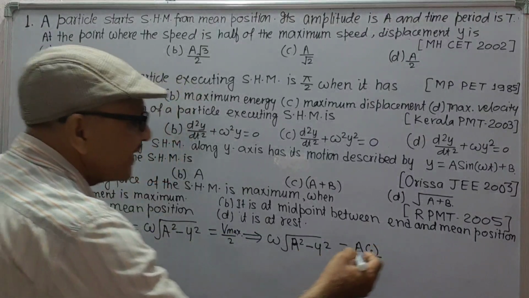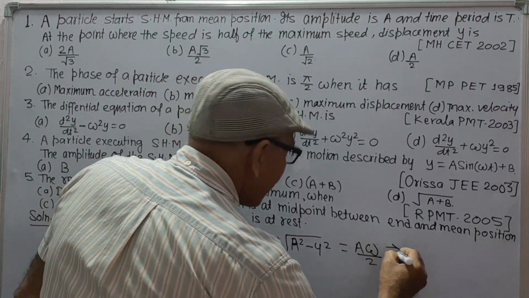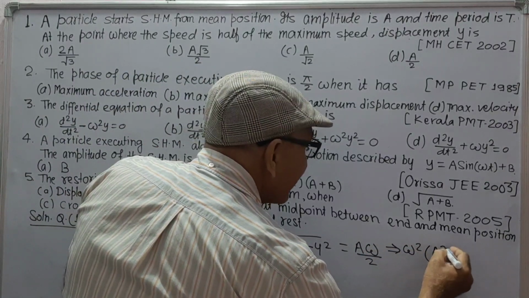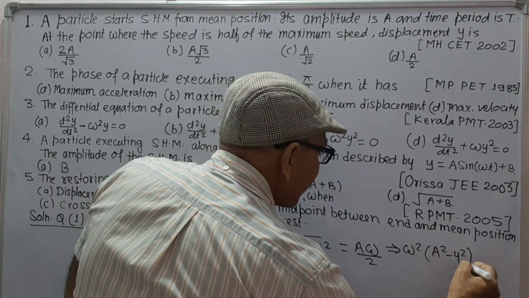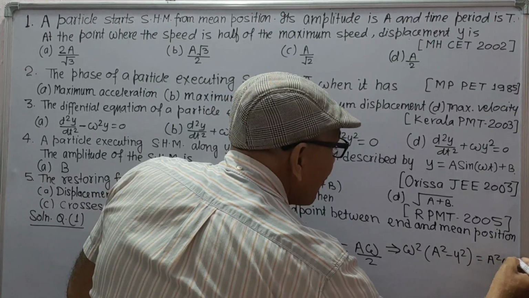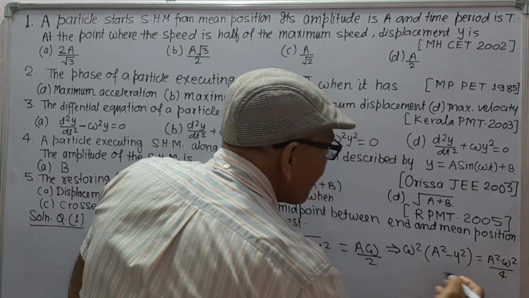Squaring both sides, we get omega square into A square minus y square is equal to A square omega square by 4.